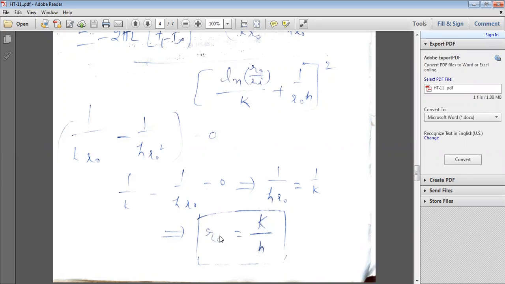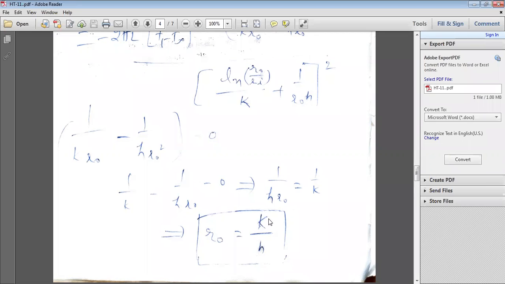How much critical thickness of insulating material is to be added, or what outer radius is to be provided to have maximization or minimization of heat transfer? The outer radius Ro is equal to k by h.